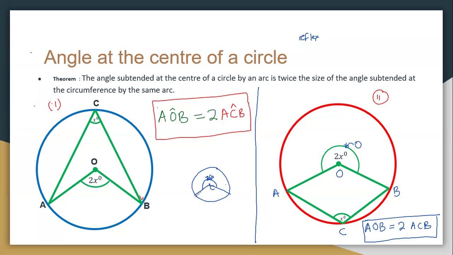Then ask yourself, if this angle is formed by the major arc, this is the major arc, it means that any angle formed in the minor area, which for this particular one is down here, is always going to be half the angle in the major area.